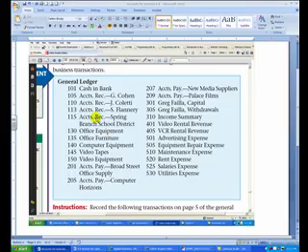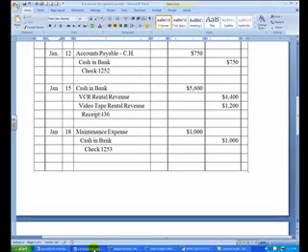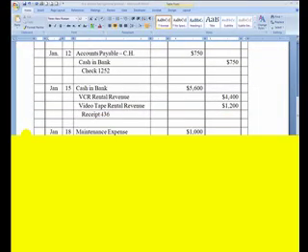And if we wrote a check, we know for a fact that the asset account, cash and bank, must be affected. And we also know that we probably have an expense account, and maintenance expense seems to be appropriate. So let's go ahead and move on over to our general journal at this time and take a close look at this. And we know that the date was January the 18th. We had some maintenance expense covered, and that's actually for $100. That's my fault.